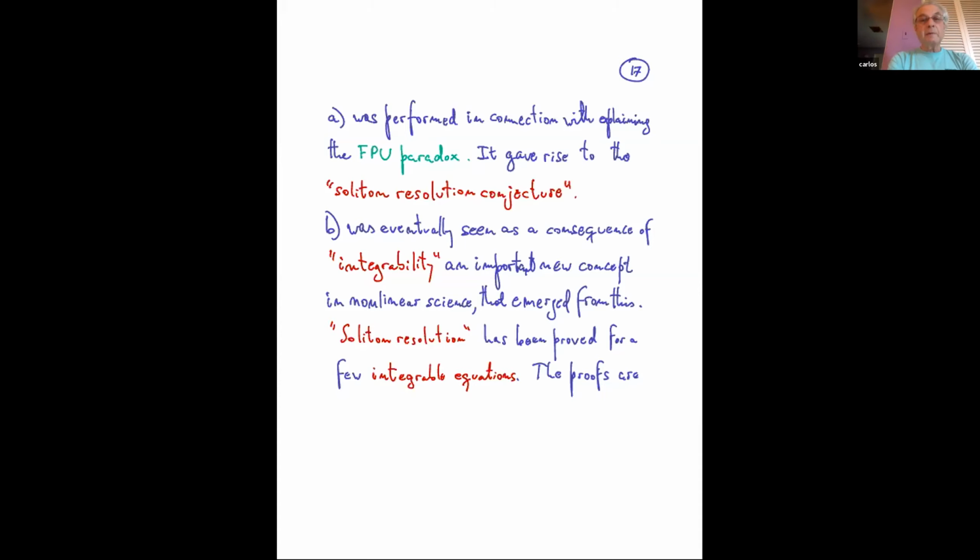So integrable equations are equations that can be reduced to countably many linear equations. And they are not ubiquitous, they're quite rare, but somehow they appear in many important situations in nonlinear science. The soliton resolution was first proved for a few integrable equations.